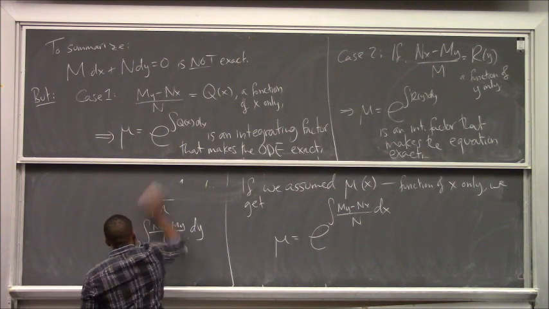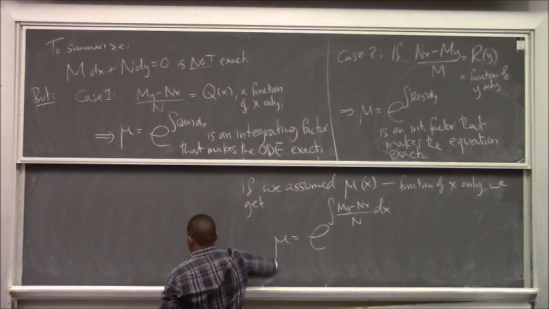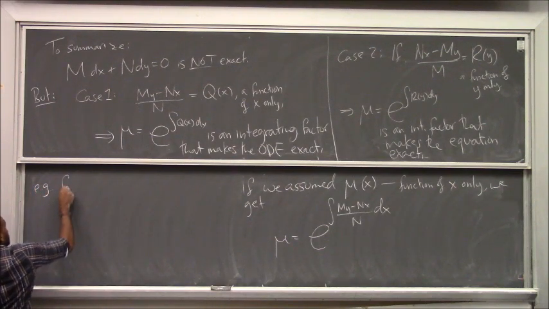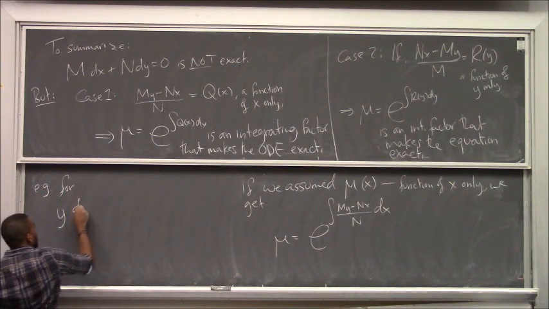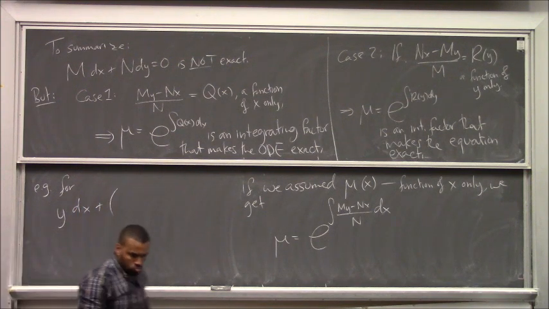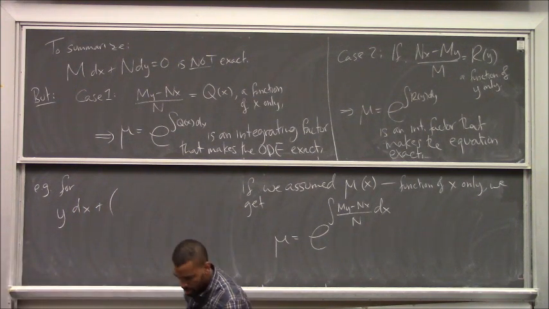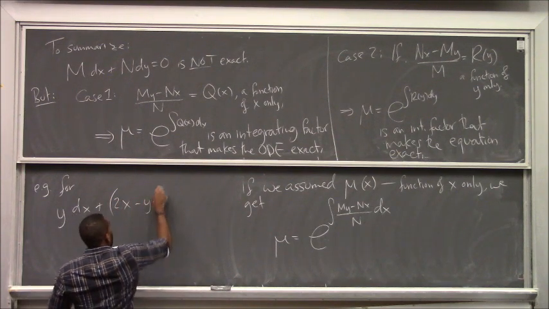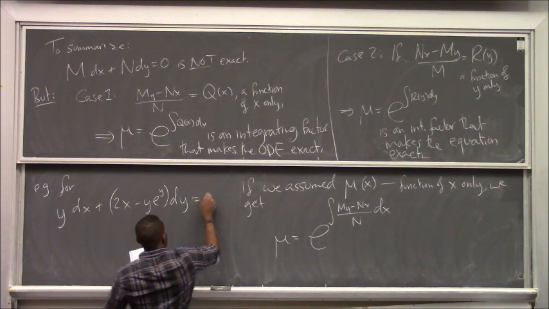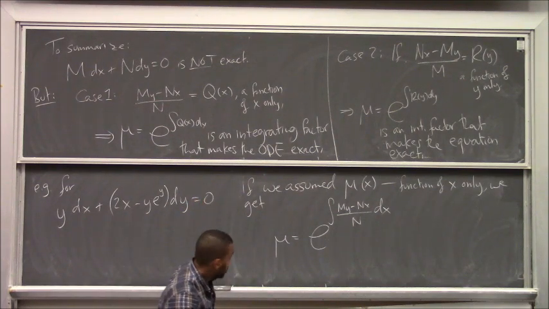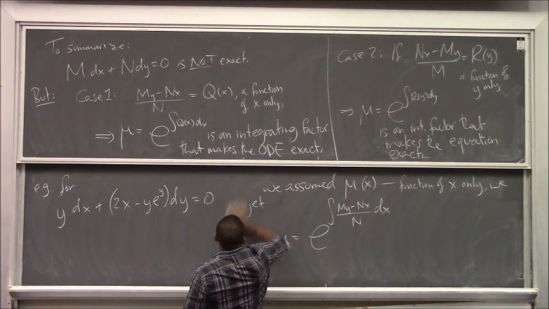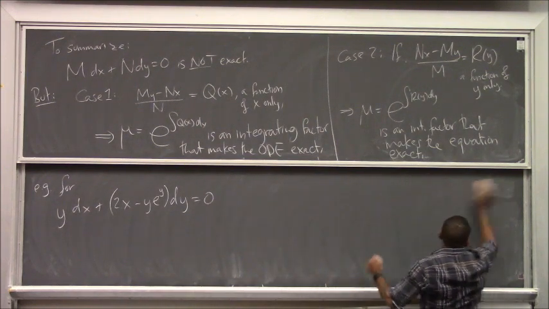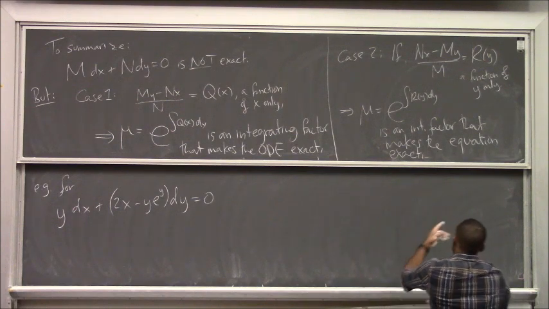Looking at the previous example quickly. For, what was it, y dx plus 2x minus y dy. So now, this was not exact, but I would check one of these two guys. Maybe I checked this one first and it didn't work out, so I checked that one.